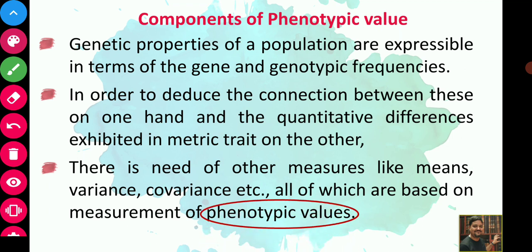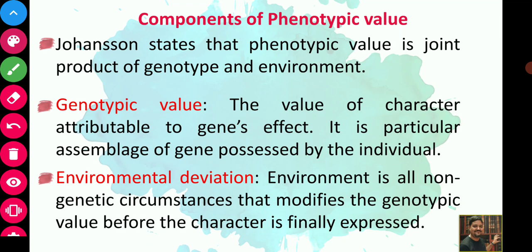Now we will see what are the different components of phenotypic value. Johannsen states that phenotypic value is the joint product of genotype and environment. I have already discussed in my previous lectures that the phenotype of a particular individual is composed of two components.